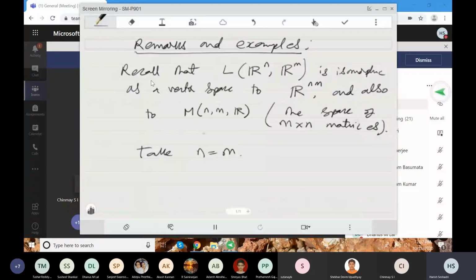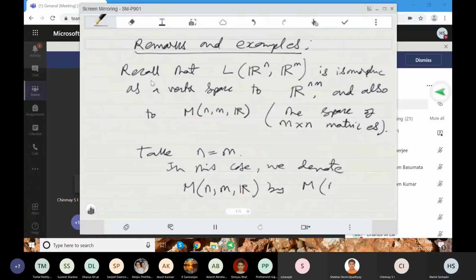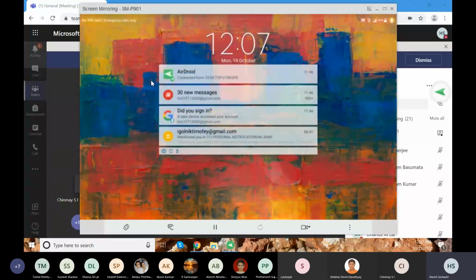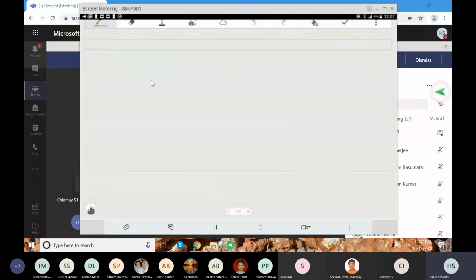In this case, we denote the space of matrices by M_n(R).